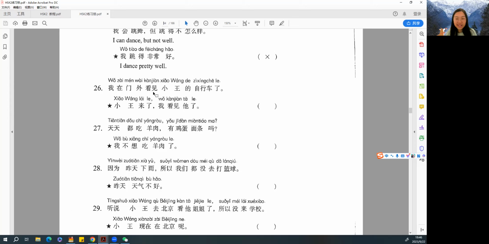So what did that A person really see? It's a bike, right? I don't care whose bike, 小王's, okay, but I just saw a bike over there, outside the door. But B just says 小王来了, 我看见他了.